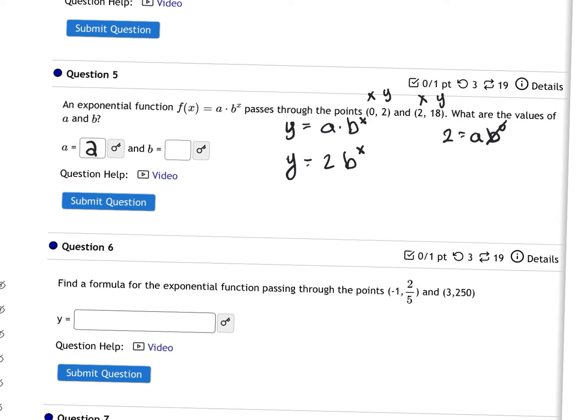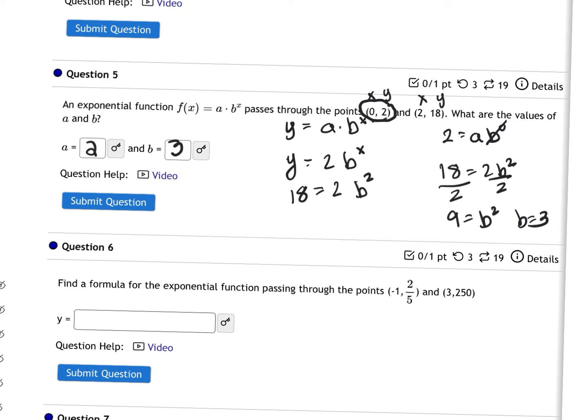And if I put in 2 for x, 2b squared equals 18, which means that 18 equals 2b squared. Divide both sides by 2. 9 equals b squared, b equals 3. So that's got to be 3. So when they give you the 0, it's pretty easy because the a just pops right out there.